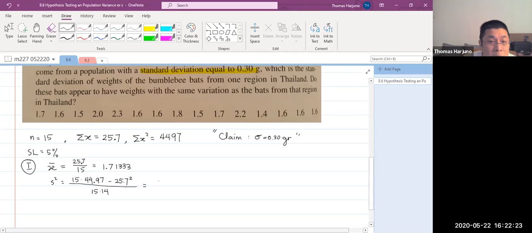I get 0.06695, such that the sample standard deviation is the square root of that. I get 0.25875. Now check with your calculator if that's the answer you get. That's what I have here on my calculator.